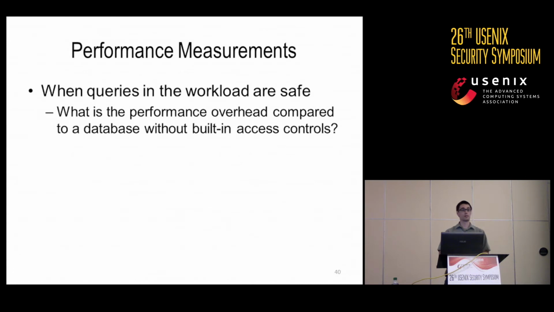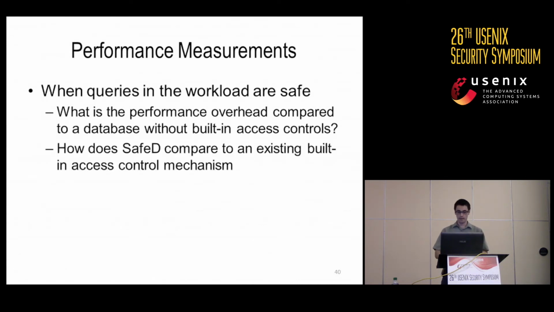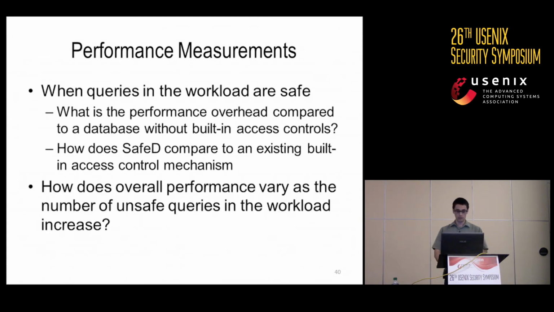We're looking at a MySQL database in this case. Second, how does safety compare to the existing built-in access control mechanism? In this case, we used a Postgres database, version 9.5 or higher. Finally, if there are queries in the workload that are not safe, how is safety's performance affected as the number of queries increases?